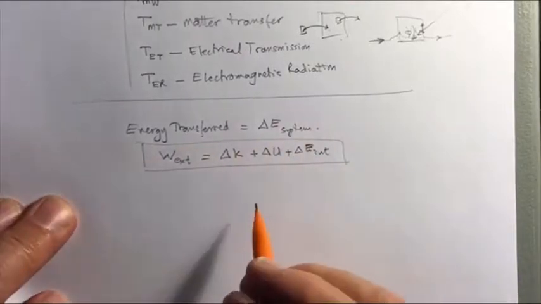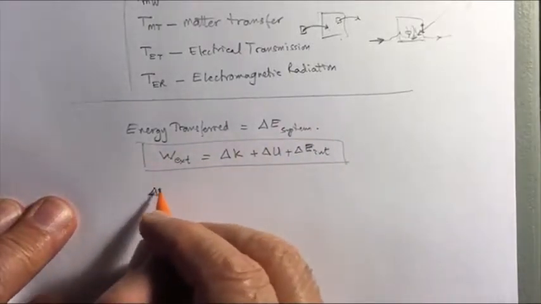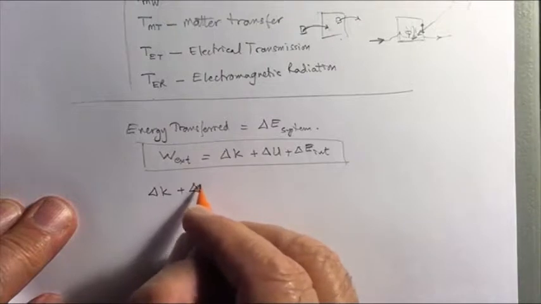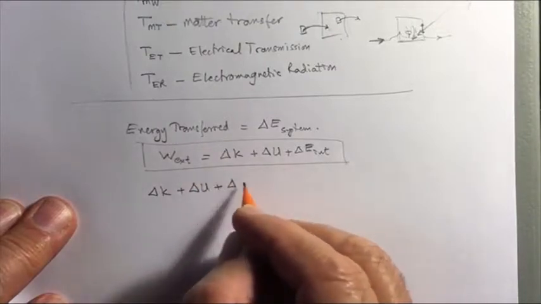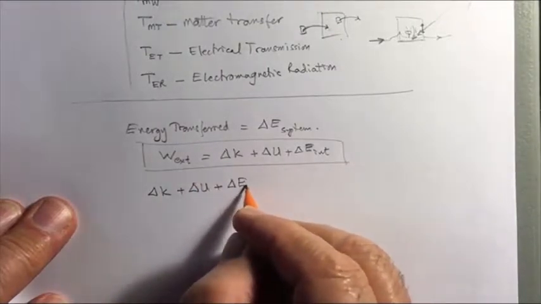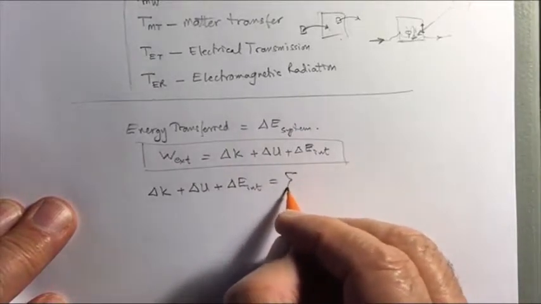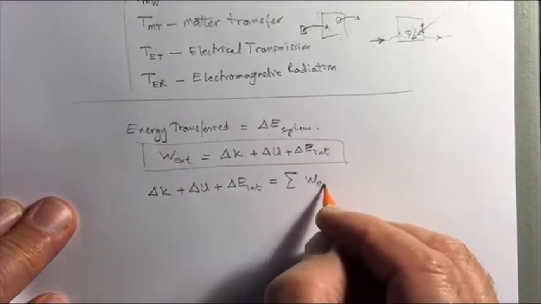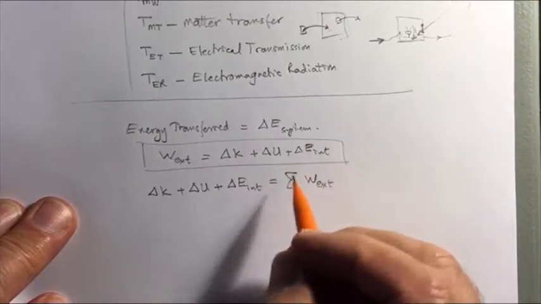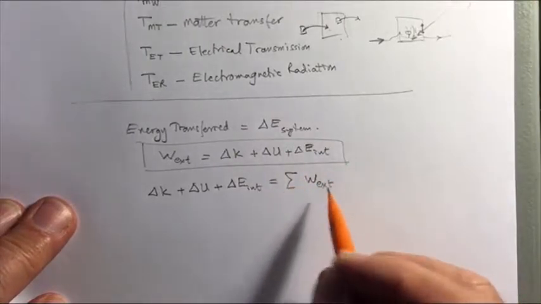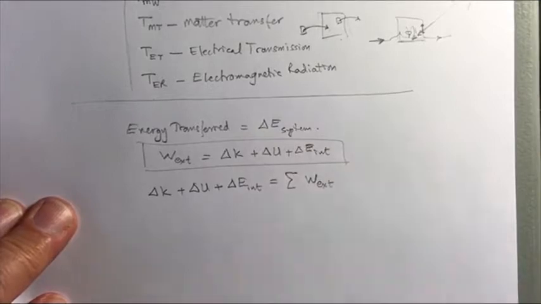Normally we write it in a slightly different way, so we'll write it as delta K plus delta U plus delta E internal equals the sum of the external works. There may be more than one external force acting, so we add them all up.